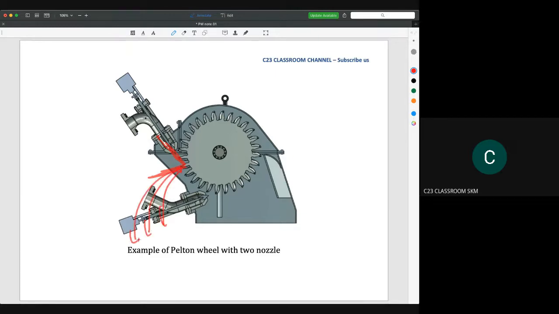So the existence of these two jets is not disturbing the mechanism, and the wheel could rotate freely. With that, the losses of the rotation can be reduced, making sure the water does not hit the next bucket.